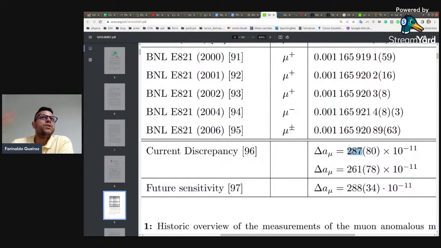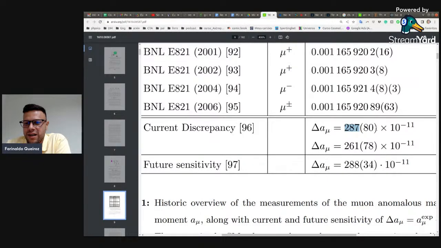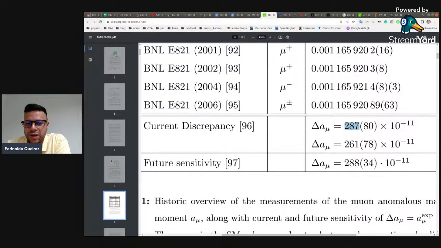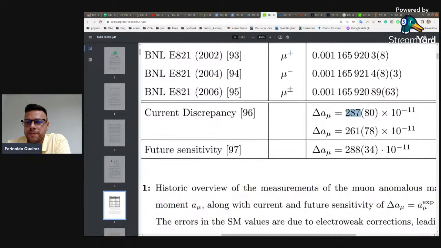So you are really assessing the 8th digit of the measurement. You're trying to assess which digit should be in the 8th significant digit of a given measurement. So it's quite fantastic. Anyways, that was the history before the muon g-2 experiment.